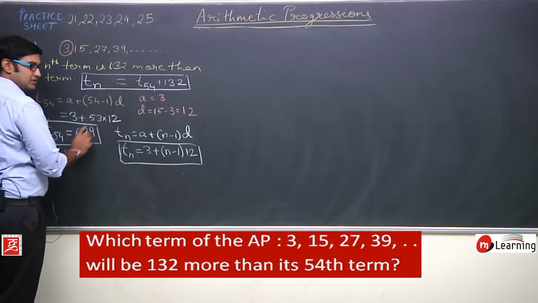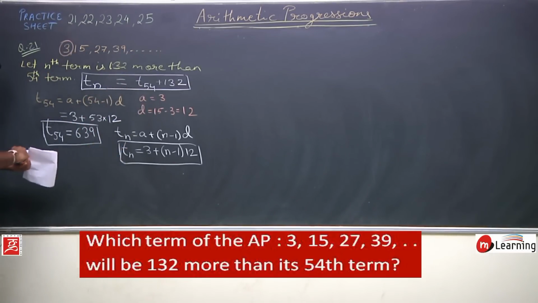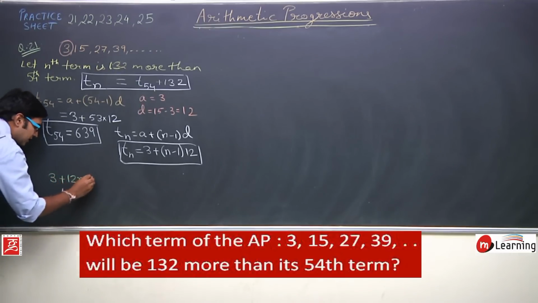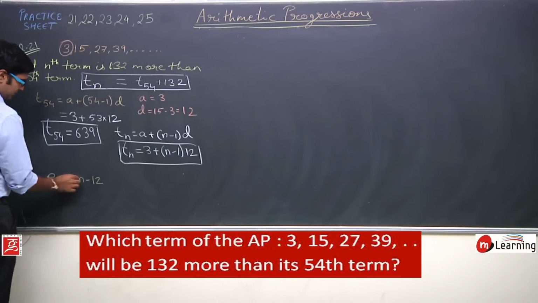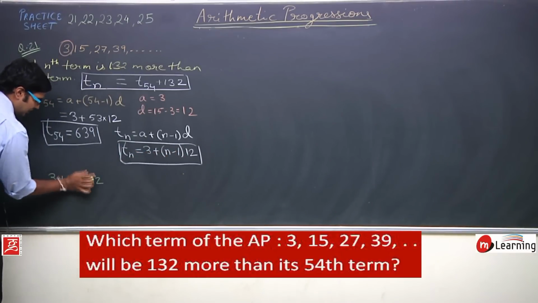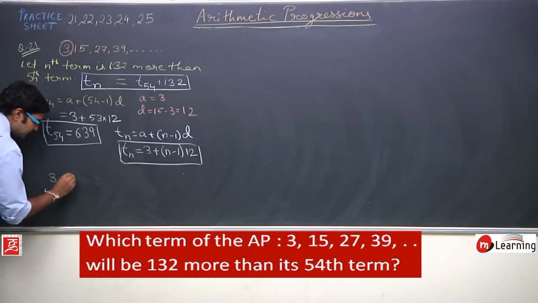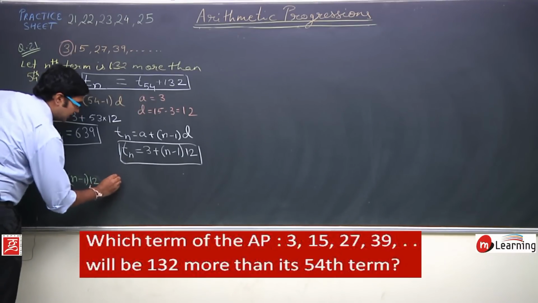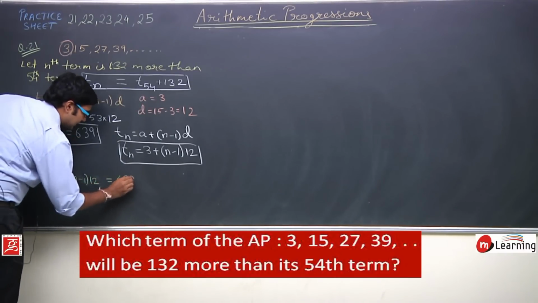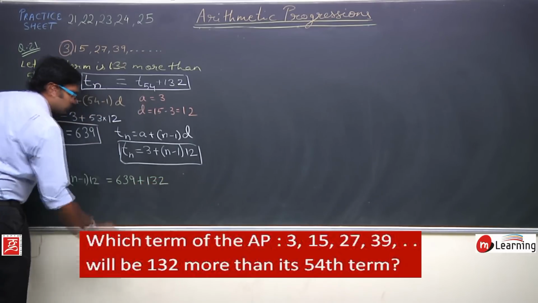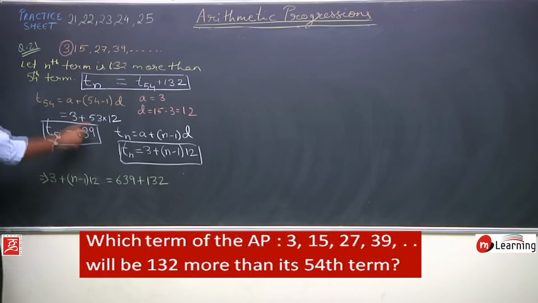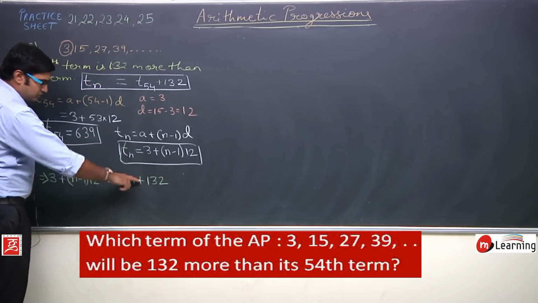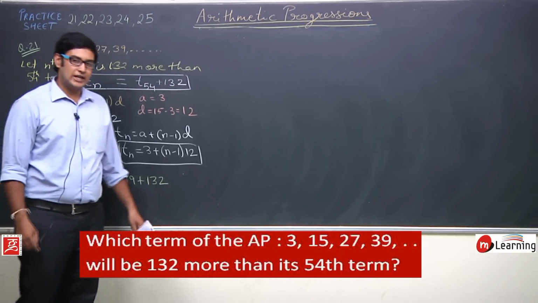Using these conditions, can I write 3 plus n minus 1 into 12 is equal to T54, which is 639 plus 132? Okay, can I write this condition using this box and this box? So 3 plus n minus 1 into 12 is 639 plus 132.